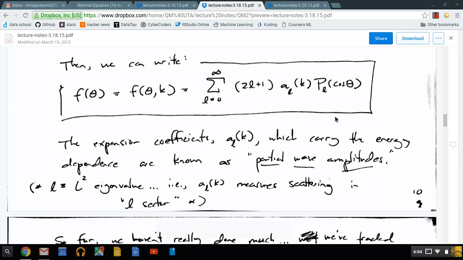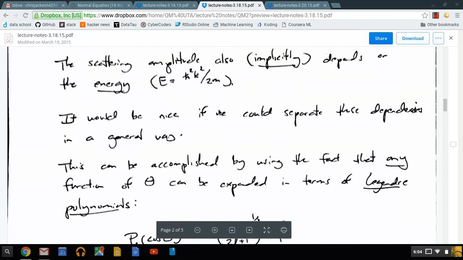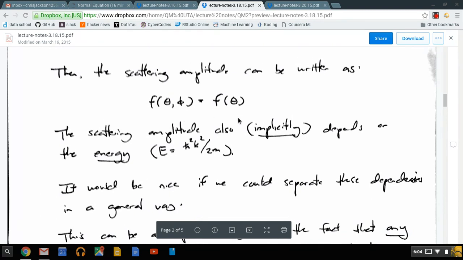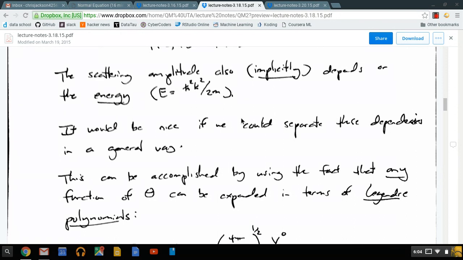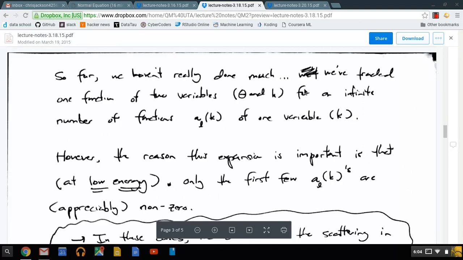So what have we accomplished? Before, we had one expression for our scattering amplitude that had dependence on two quantities. Now we've traded this for an infinite number of functions, but they only depend on one variable.